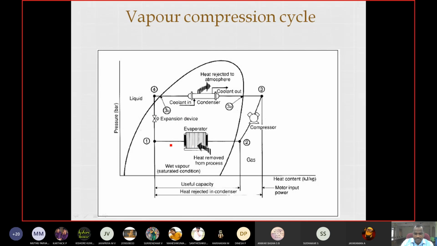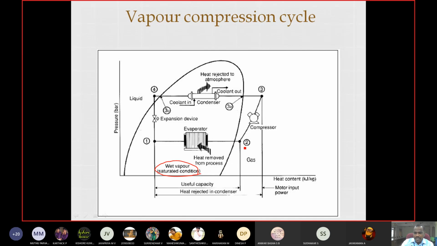So in the evaporator, the process from state 1 to 2 will happen; the entropy will increase, but it is a constant pressure process. So the refrigerant is in wet vapor condition here. After the state 2, the process is the compression process.